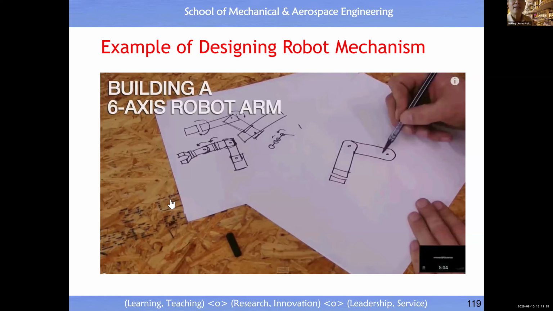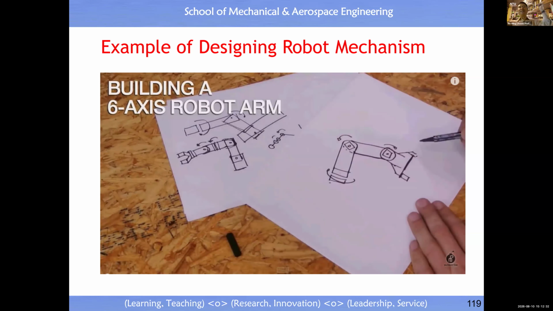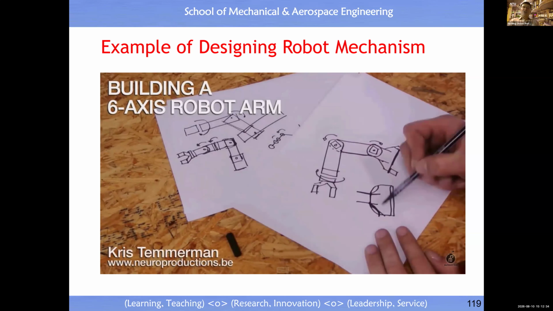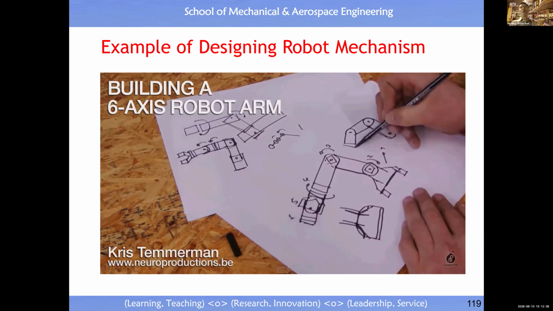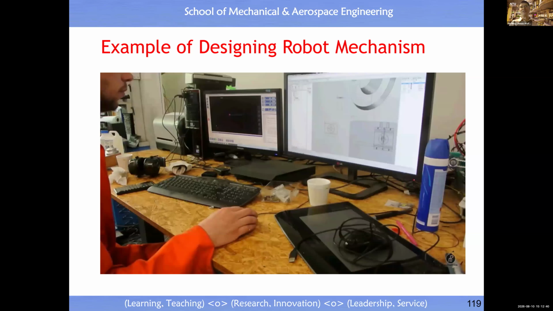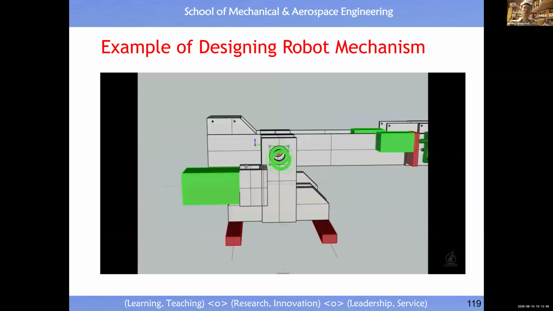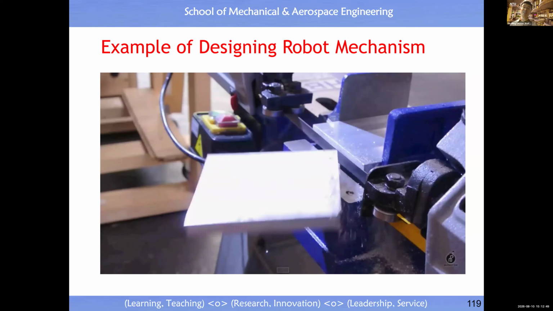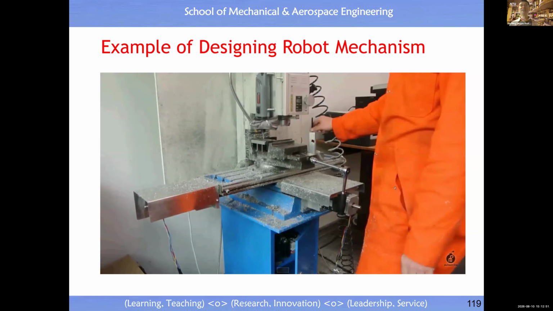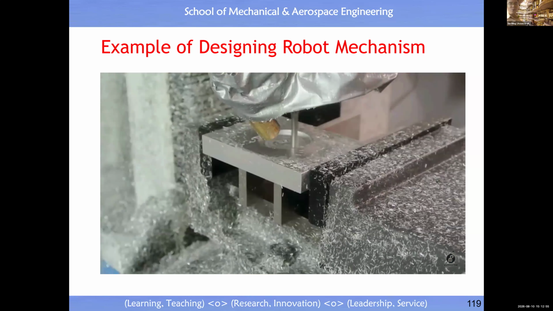So conceptual design, then you choose the actual one, then you come out with the embodiment design, then part drawings. You see this is the embodiment design, 3D view, then part drawings. Once you have the part drawings, you trigger assembly and fabrication, guided by your part drawings. But this is a compressed video, just highlighting the key steps.